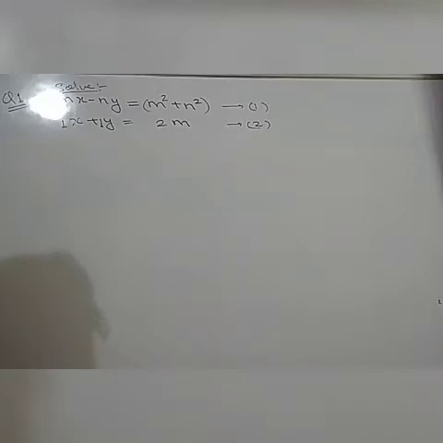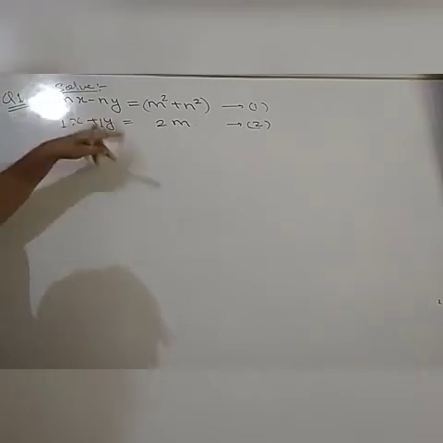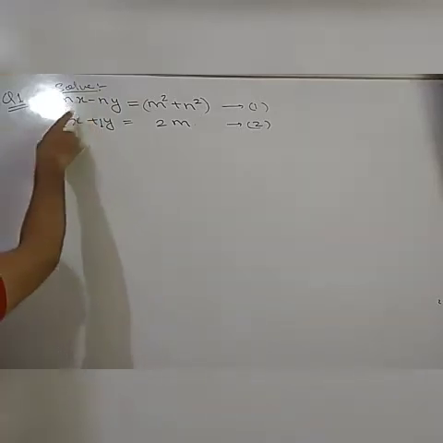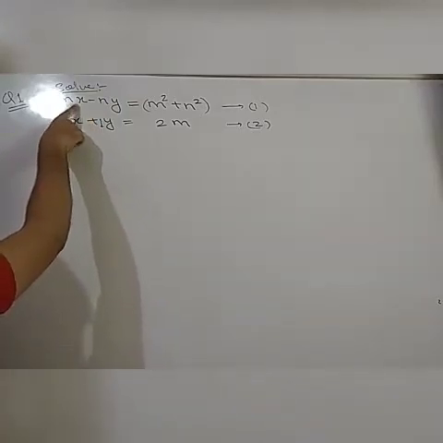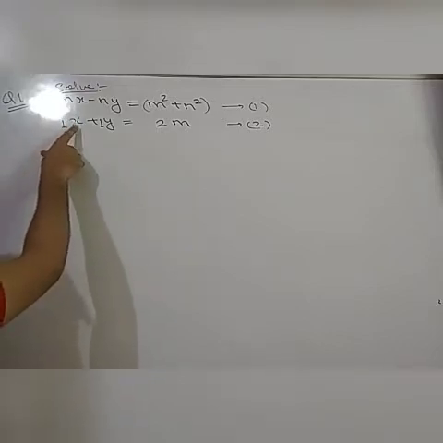I told you in the last class, we have to equate the coefficient of either x or y in both equations. If we look at the question, the coefficient of x is m in the first equation, and in the second equation the coefficient of x is 1.